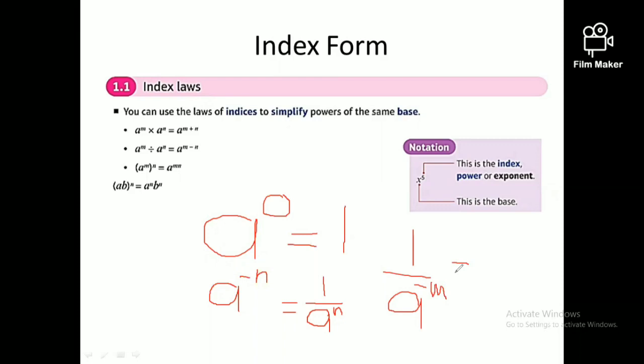Reciprocal means upside down, and you can write this answer as a to the power m. These are the other exceptional theories we have to understand under this topic. You can note down these facts and make your own notes.